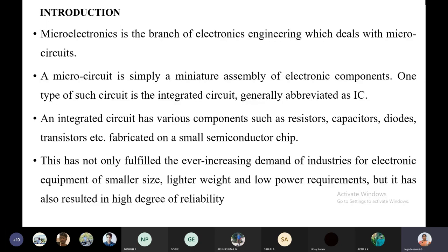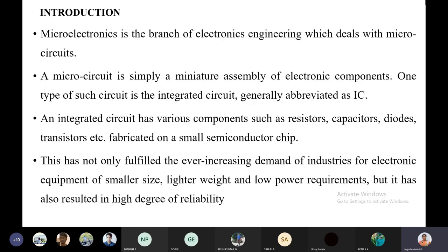What is the meaning of integrated? I'm asking about the general meaning of integrated. Simple meaning of integrate. Join together. Yes, join together.